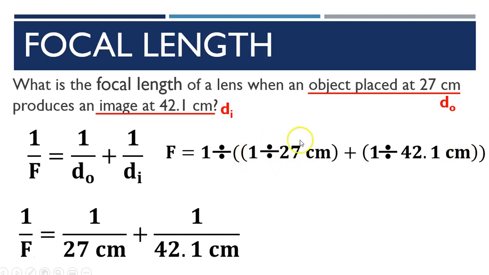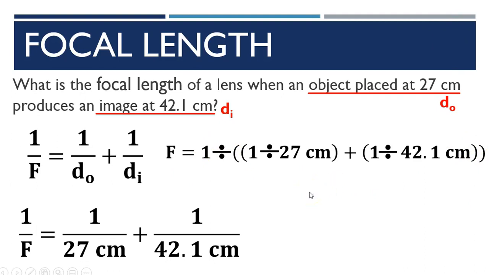So what that's doing is it's keeping this fraction together, 1 divided by 27. It's keeping this fraction together, 1 divided by 42.1. It's then adding those 2 pieces, and then the set of parentheses on the outside is taking 1 over that whole thing. So that's why the parentheses are really, really important.